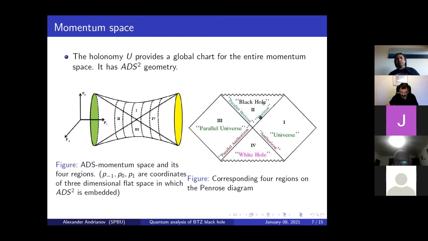Classically, this is our universe, this is the black hole. I go inside, but the horizon does not allow me to see what is inside, all right? Here, there is a quantum transition. Well, the probability is exponentially suppressed, but from the black hole there is a probability to penetrate back to the universe.